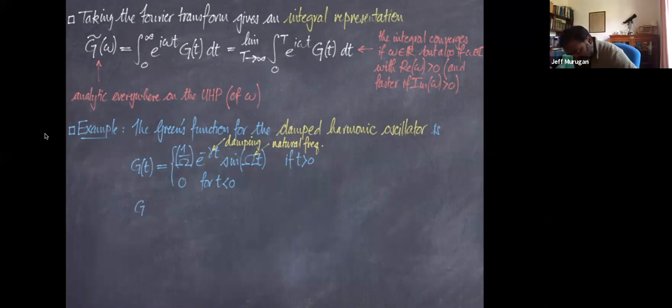So the corresponding Fourier transform, G tilde of omega, you can calculate, is 1 over omega squared minus (little omega plus i gamma) squared.